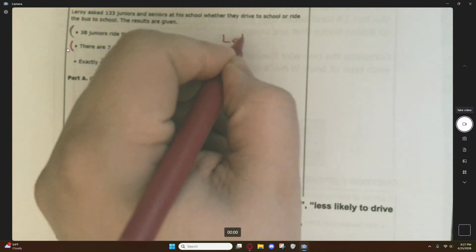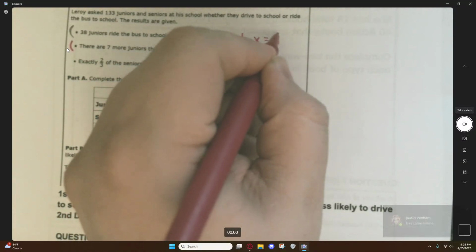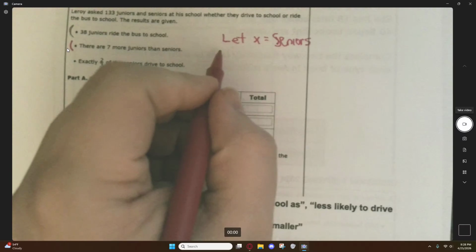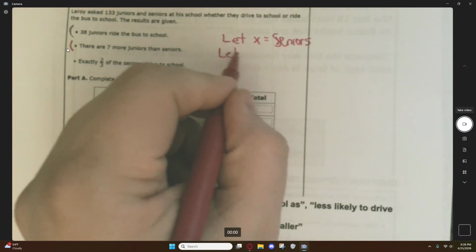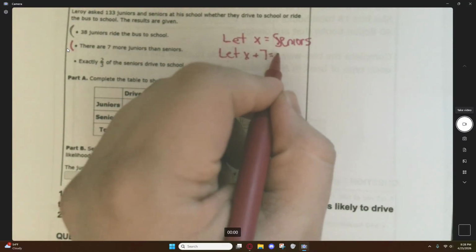So we're going to have to set up an equation to solve this one. If this is going to be 2 points, they're going to make you work for these 2 points. Let x equal seniors. And then there are 7 more juniors than there are seniors. So let x plus 7 equal juniors.